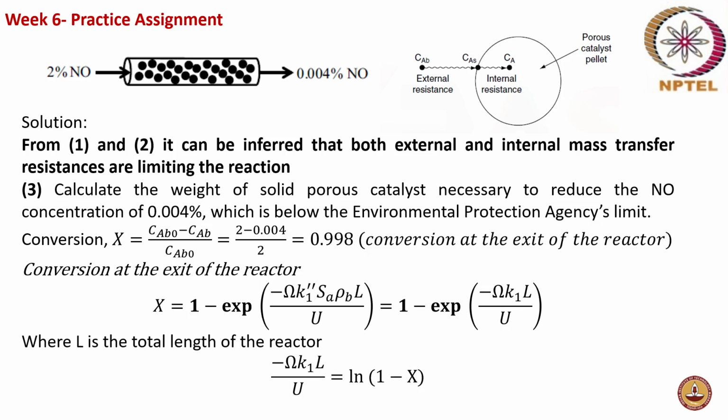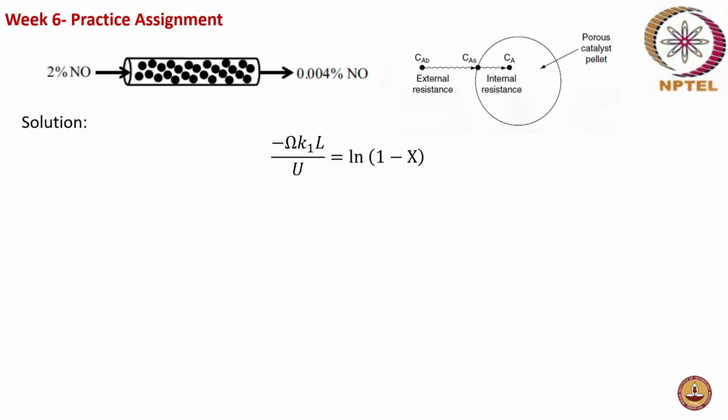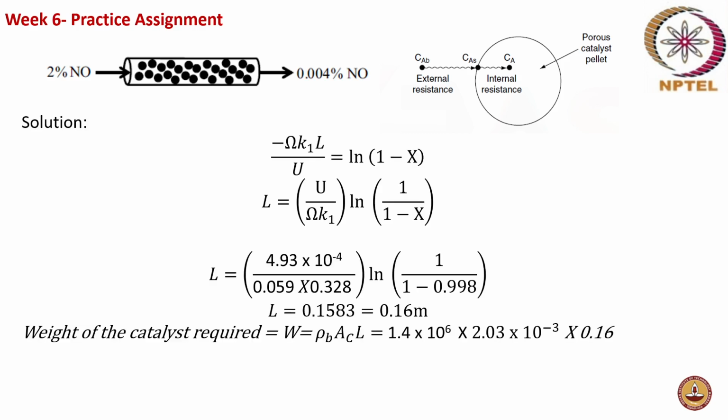That is, we can write dCAB by dW, which is nothing but the change in concentration with respect to weight of the catalyst, and rewrite the expression for the conversion, and then integrate that expression and find out the weight of the catalyst in the other format also, and from there again you can find out the length, because you have the formula W is equal to rho B into AC into L, right? So this is another way.